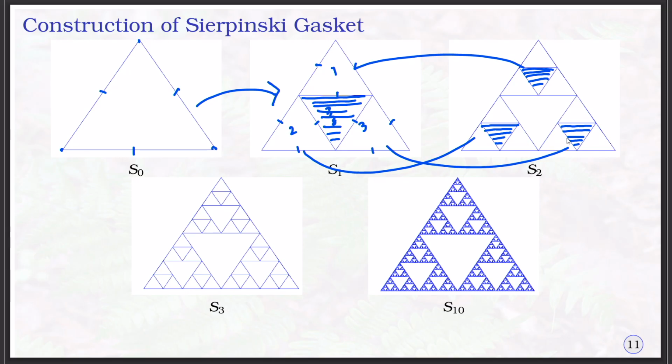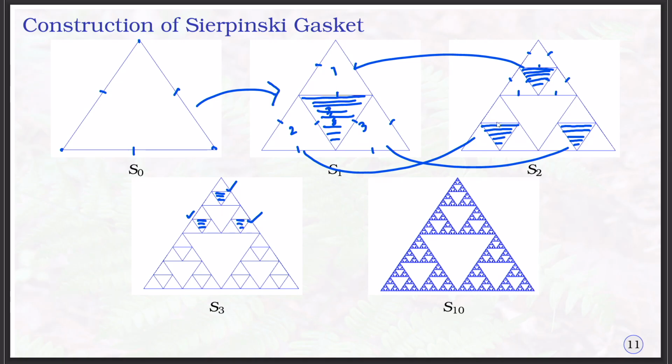In the same way, in the third process, you can join the midpoints, you will get this one, and join these midpoints, then you will get this one, and dividing these and joining, one can get this part. Now, here also we are removing the interior of the triangle without the boundaries.